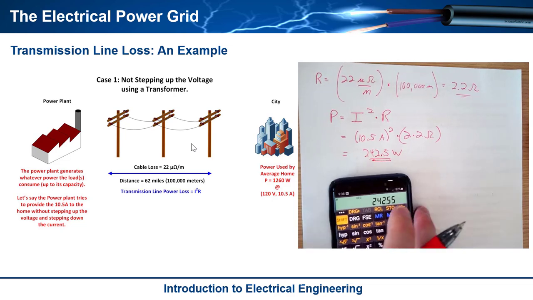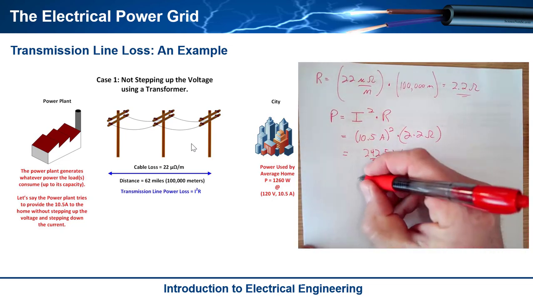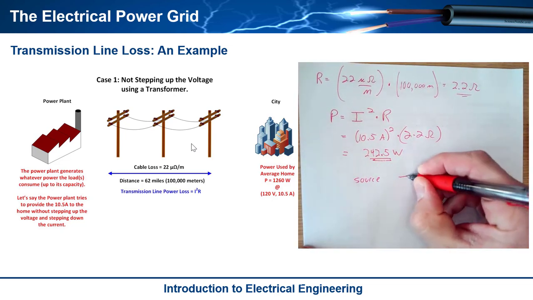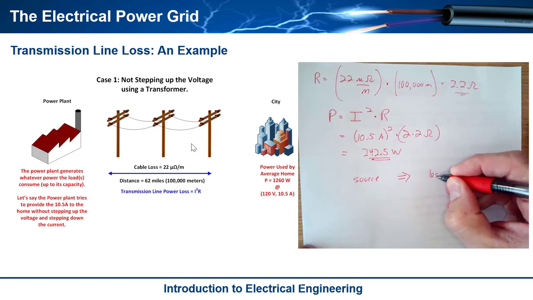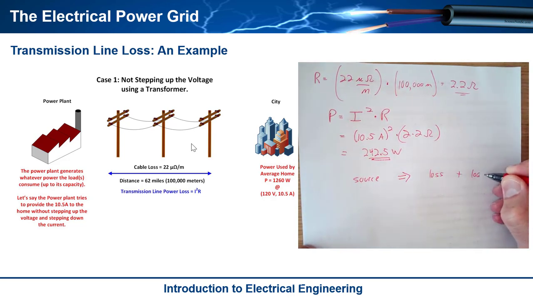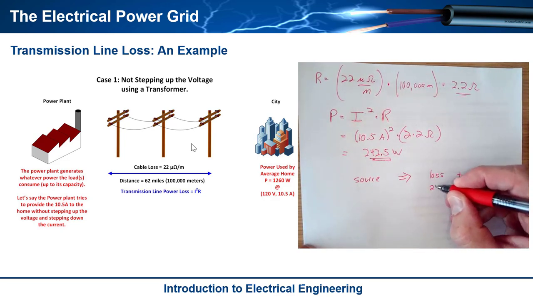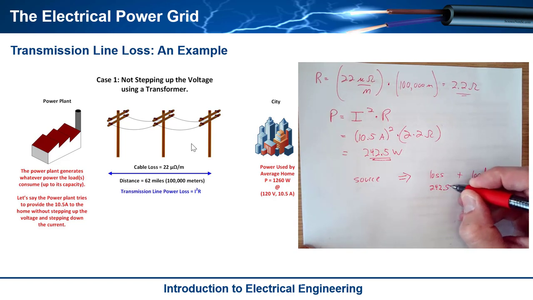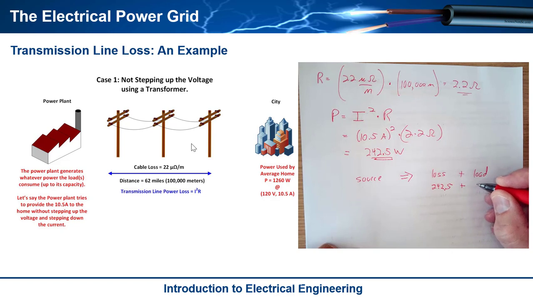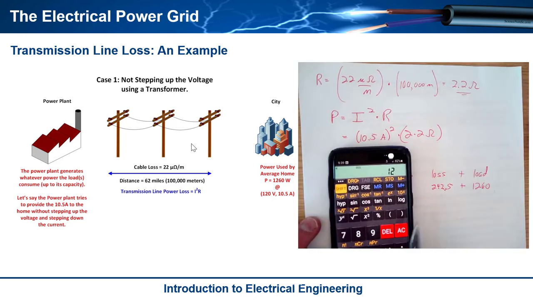If you think about the source, it is going to provide whatever the loss is in the cable plus the load. Some people call the loss part of the load. So I have 242.5 watts, plus our home load, which is 1260 watts, and adding those together you get 1502 watts.